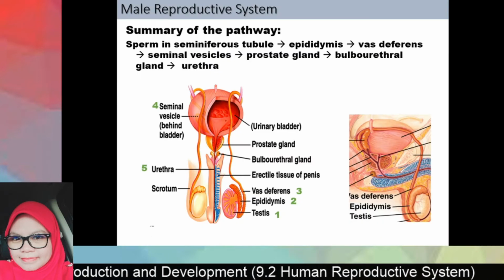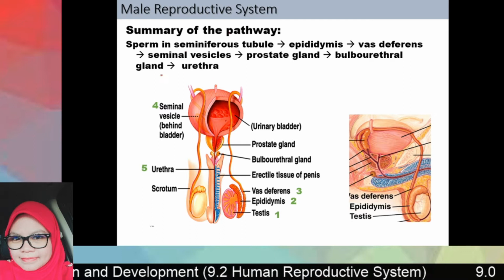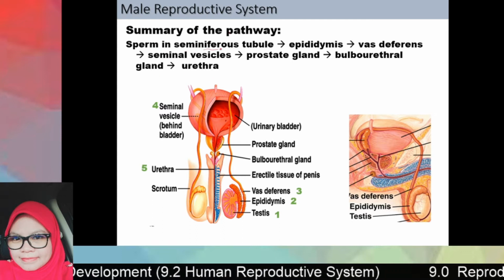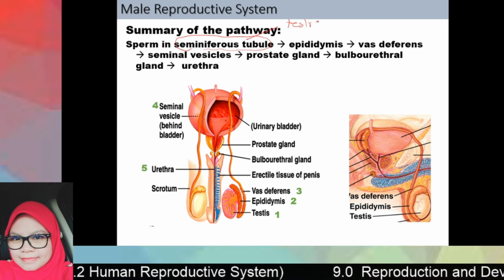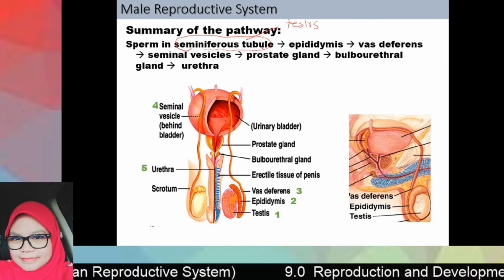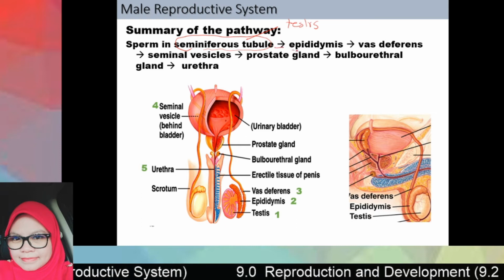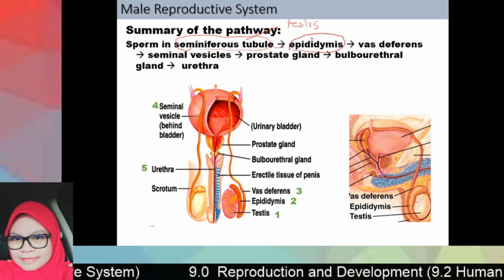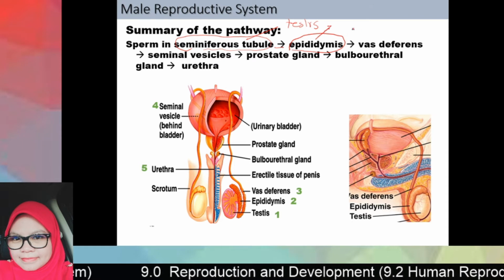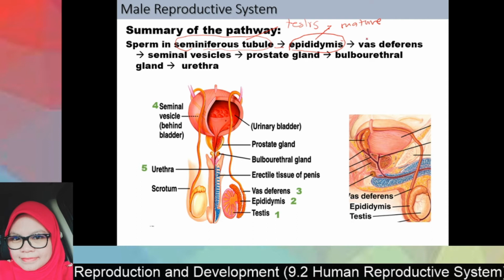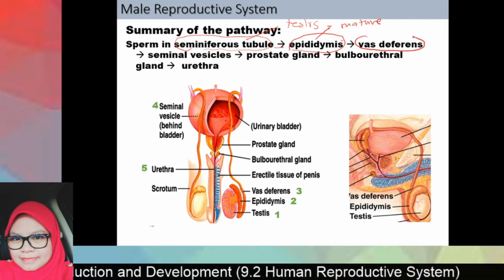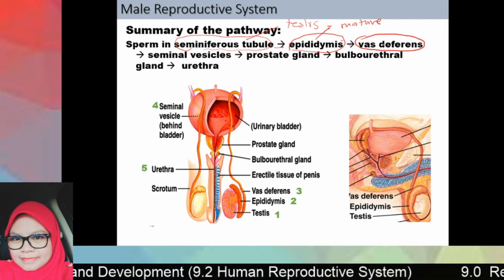Okay, so again, the summary of the pathway. Sperm is produced in the seminiferous tubule in the testis. And then the sperm will be stored at the epididymis, and this is the place where the sperm become mature. Then the mature sperm will be conducted to the vas deferens.